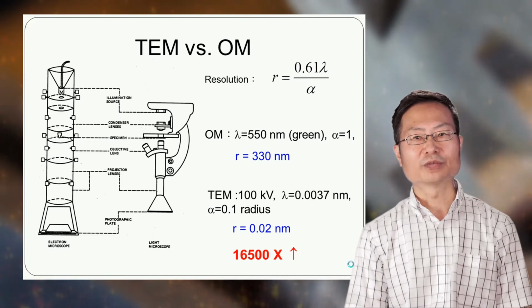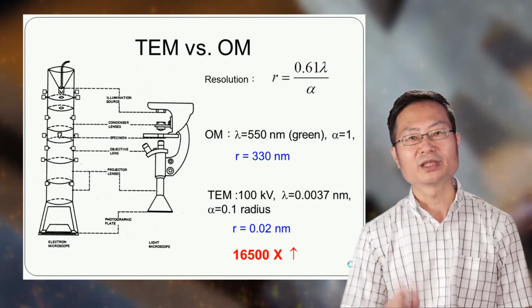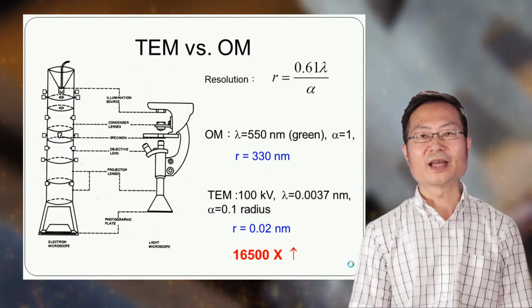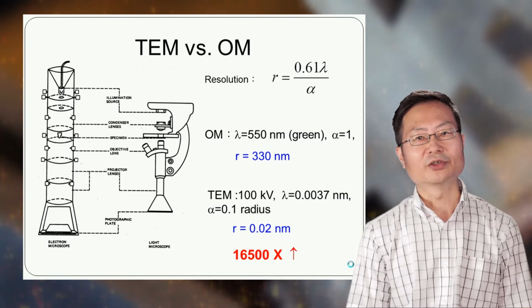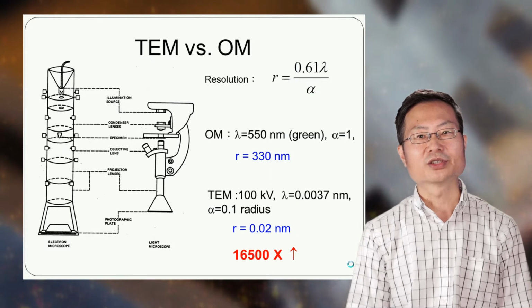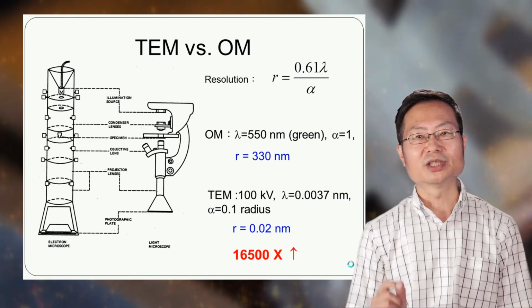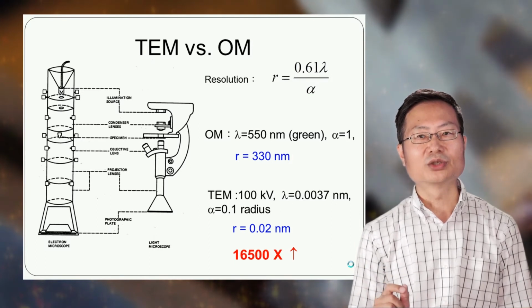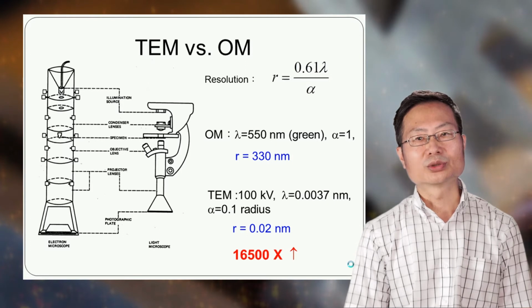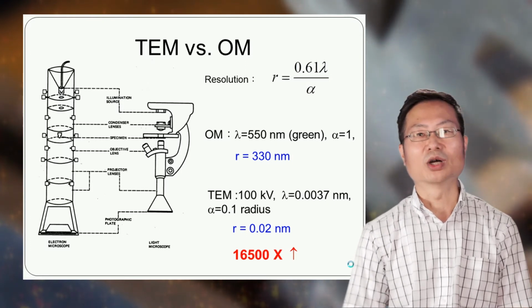The resolution of the optical microscope is about 330 nanometers. Regarding the TEM, with 100 kilovolt accelerating voltage, the wavelength is about 0.0037 nanometer. The semi-angle equals 0.1 radians, and the resolution is 0.02 nanometer, 60,500 times better than the OM.